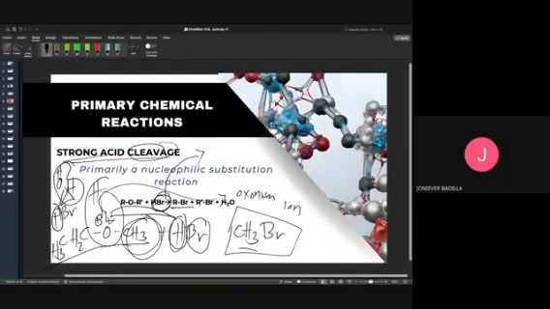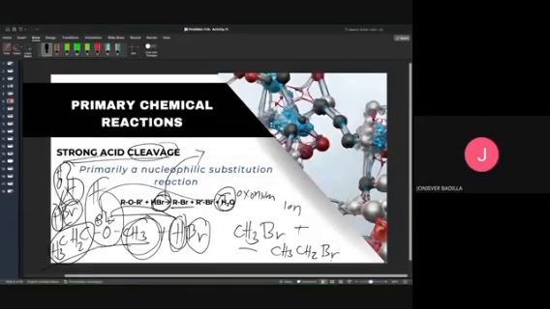This will form already your water. What's left is your bromine will then combine with the remaining alkyl group to form already a second compound which involves already two carbon atoms, your ethyl bromide. So that is already your acid cleavage.